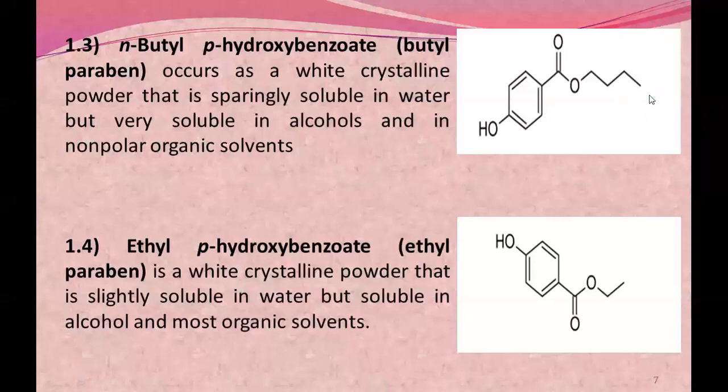So as the number of carbon atoms increases on the group attached to the oxygen, lipophilicity increases. Lipophilicity means solubility in organic solvents or in alcohols, and proportionally, we can say, there is a decrease in solubility in water.